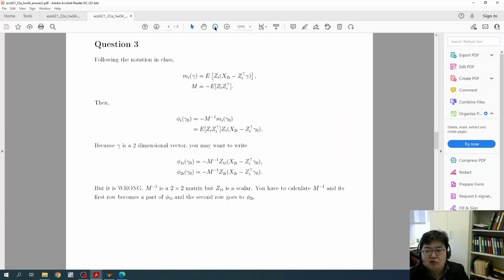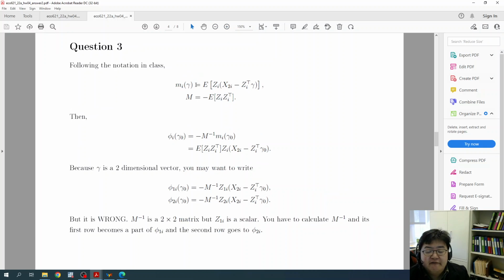So in our setup, we have, following the notation we used in class. By the way, if you are not going to define what is what, please write something like this, or if you just write m equals this, then, as if you are writing your dissertation, you have to define what is what.